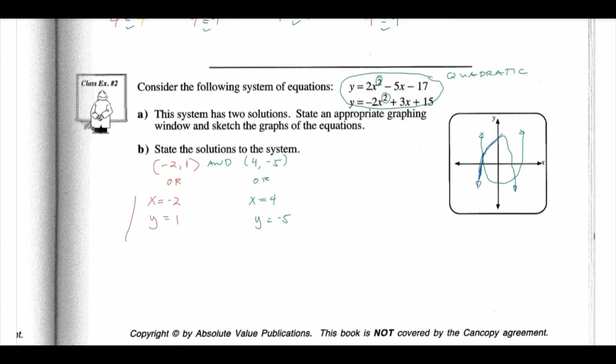So both of these are solutions to your equation. So again, if you replace these into the equation, the left-hand side of your equation and the right-hand side would be equivalent.